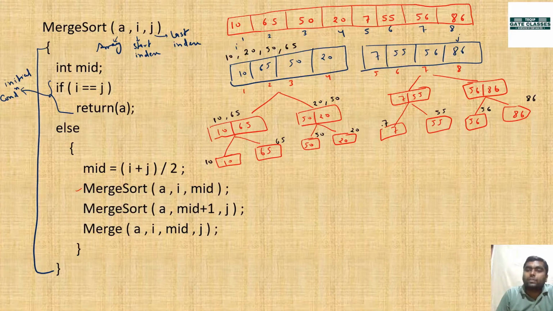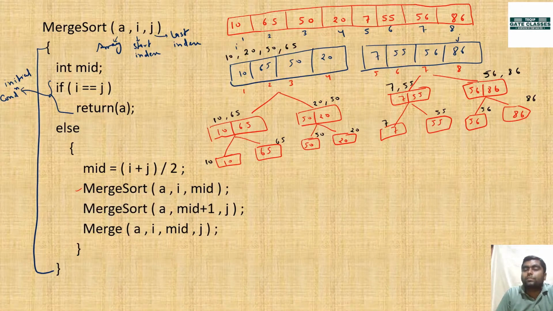On 7 and 55, the merge procedure will work. What will be the resultant? The merge procedure will merge these two sorted subarrays into a single array. So finally 7, 55, and here also the merge procedure will work, 56, 86.